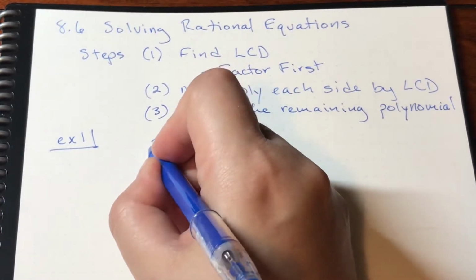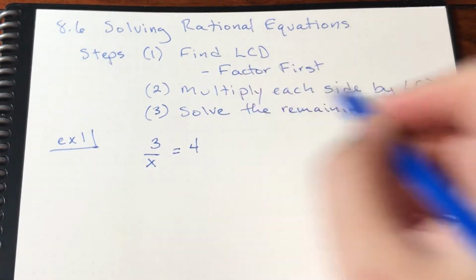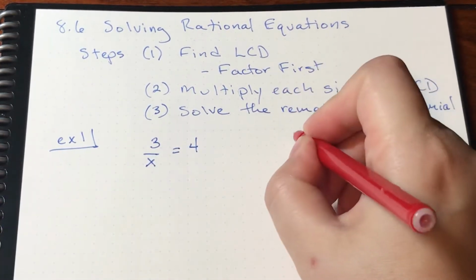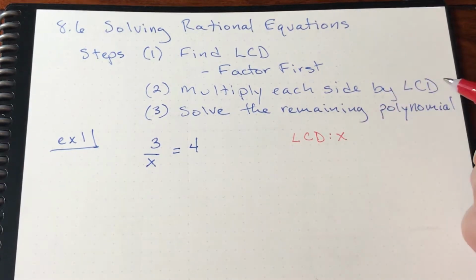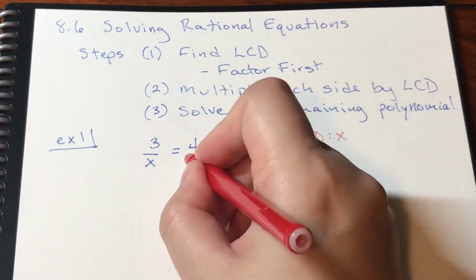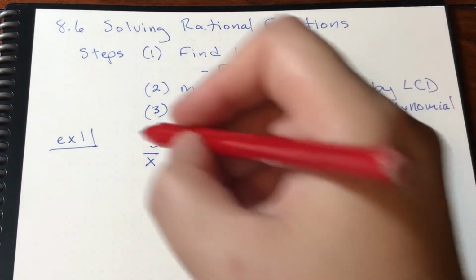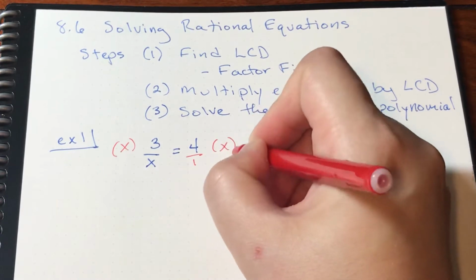If I have 3 divided by x equals 4, I see that my LCD is just x. So I'm going to write this over 1 so that I can see it more clearly. And then I'm going to multiply both sides by x.